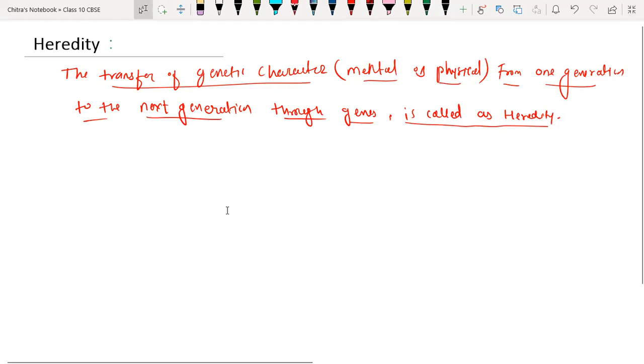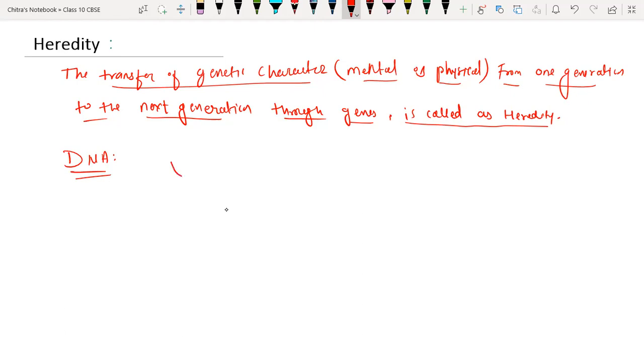See how these genes or characters are transmitted. We know that the genetic material for eukaryotes is DNA. DNA is deoxyribose nucleic acid, which is responsible for transmitting genetic characters from one generation to the next.